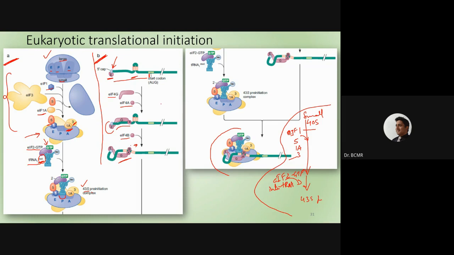The same way you can write for the mRNA as well. You will write eIF4. Of course, one should know the function of each of them. First one is eIF4E, I think. That is the one that recognizes the G cap. That allows the binding of eIF4G and 4A.